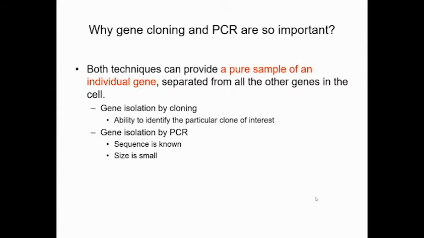But PCR is a little bit more tricky because you need to know the sequence and the size is small. By gene cloning, you can identify the particular clone of interest, which can be a large size, and you don't need to know the sequence well.